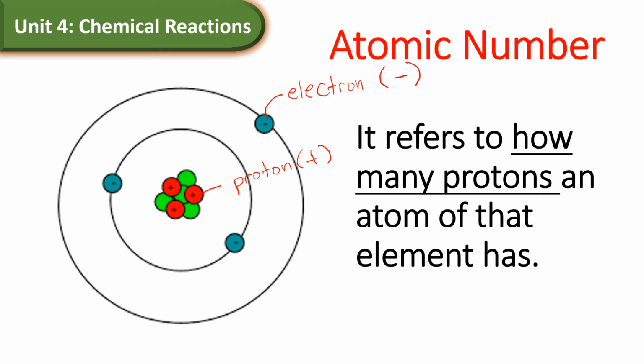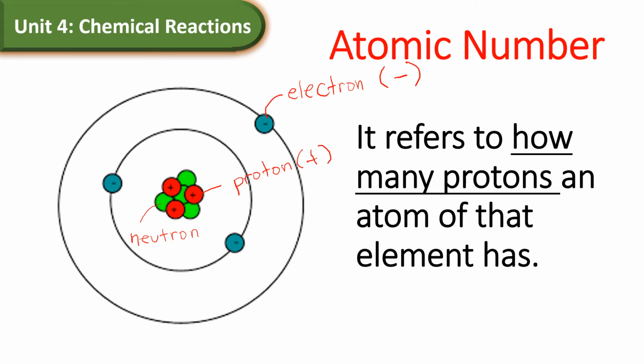And then we also have the green circle, which does not have a charge, meaning it is not positive and not negative. We call it a neutron, or shall we say neutral.